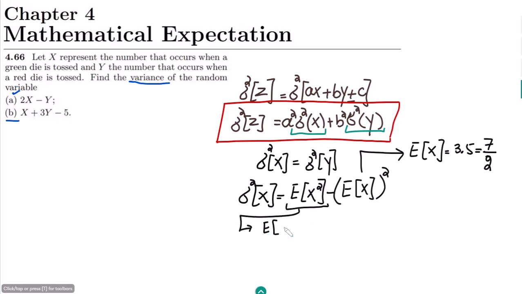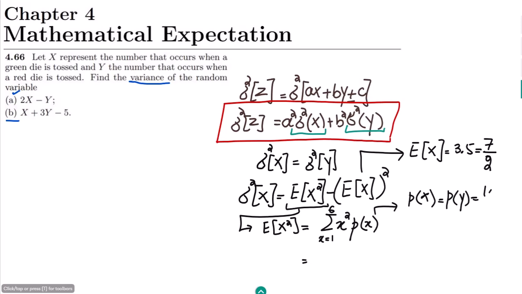So E of x square will be the sum from x equal to 1 up to 6 of x square times p of x. Okay, so in our previous question we have seen that this p of x was equal to the p of y, and this was 1/6 in a fair dice.